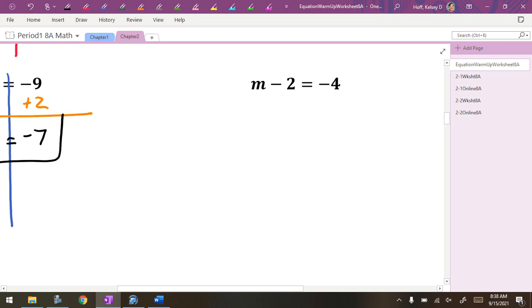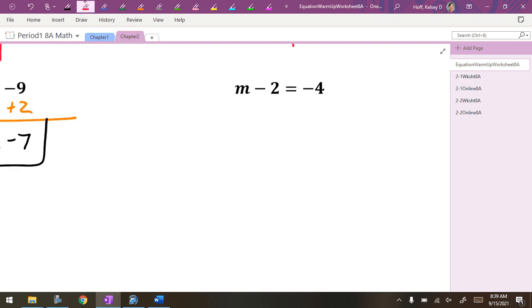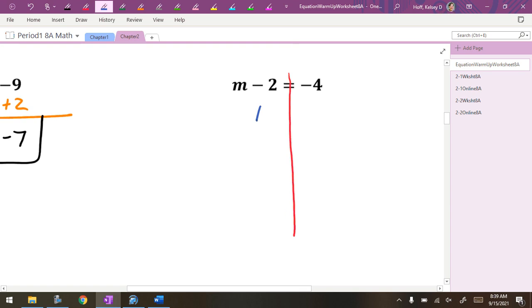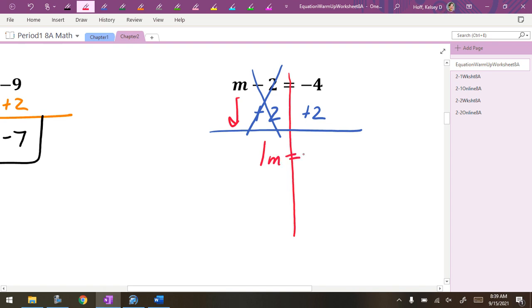Okay. Go to the right. Draw your line through your equal sign. Take your pointer finger. Cover up M. What do you see? Negative 2. How do I get rid of a negative 2? Add 2 to both sides. Cancel out. 1m equals. Type it in your calculator. Don't shout it.